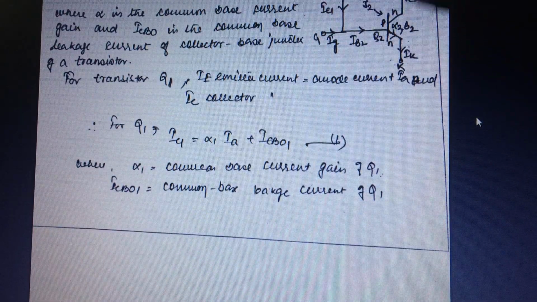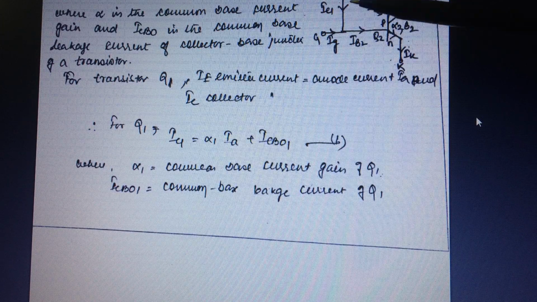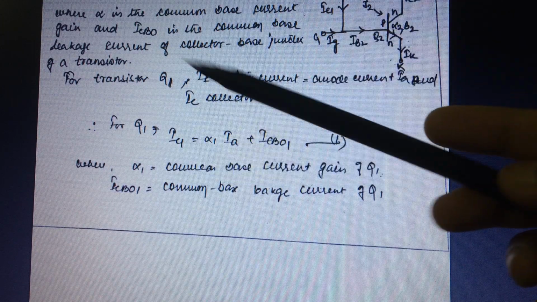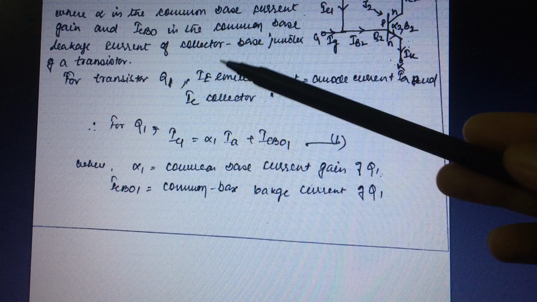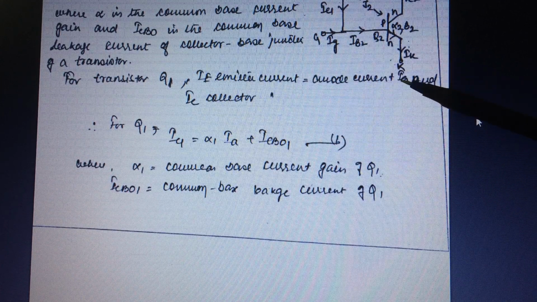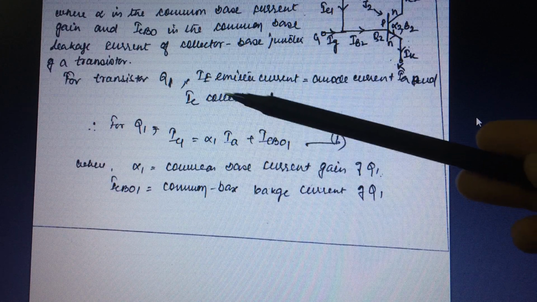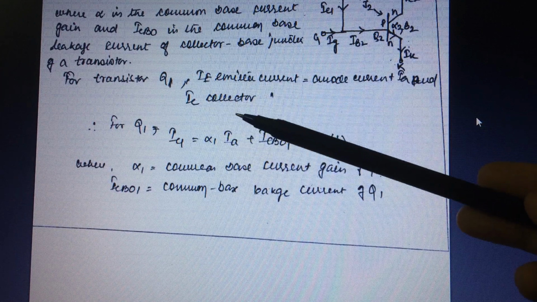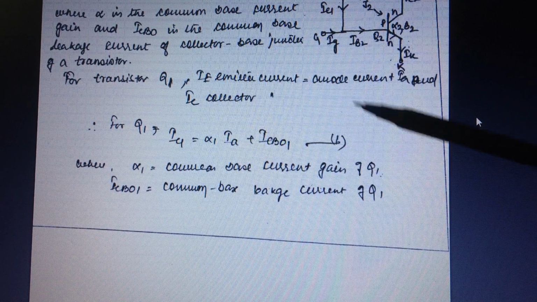The PNP portion we refer to as the Q1 transistor. For the Q1 transistor, the emitter current is the anode current IA, and the collector current will be the cathode current.